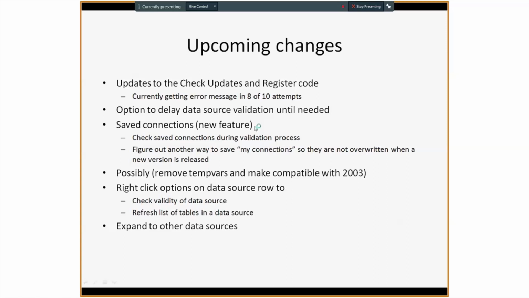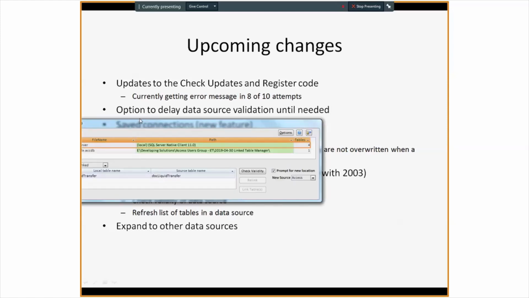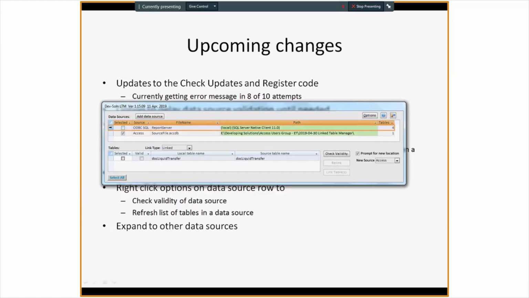Let's see here. I kind of already talked about the right-click options for the data source of checking the validity. I also want to be able to refresh the list of tables that are in a data source, and that will also be a right-click thing. Right now, if the data source is there, it goes out and looks to see what the tables are.